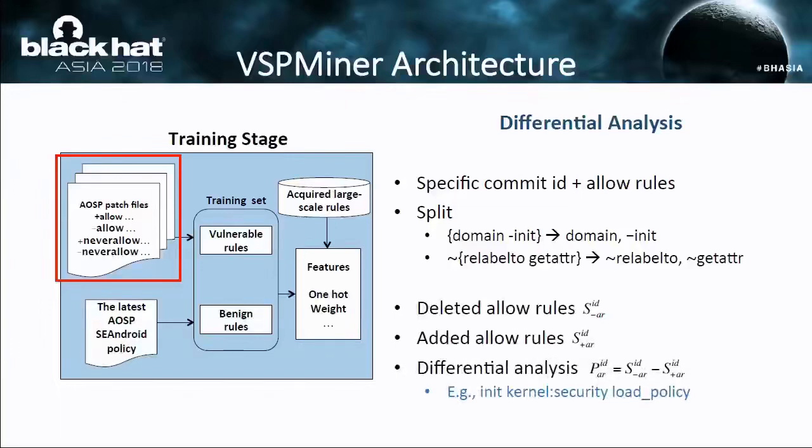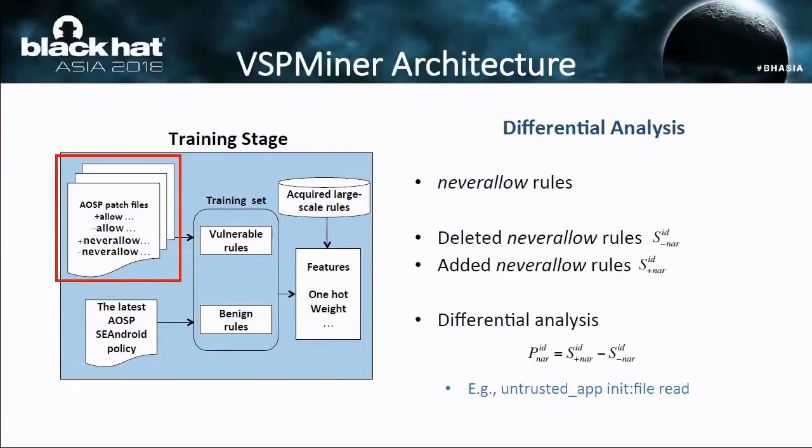The differential analysis is performed this way: we use the deleted allow rules minus the added allow rules. In the result, we can see that init kernel security node policies will appear in the final differential result for a specific commit ID.